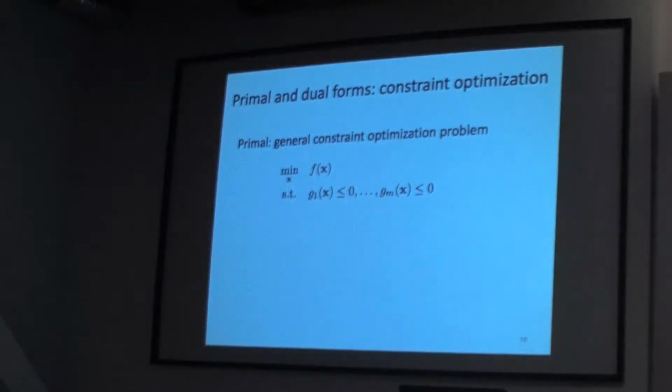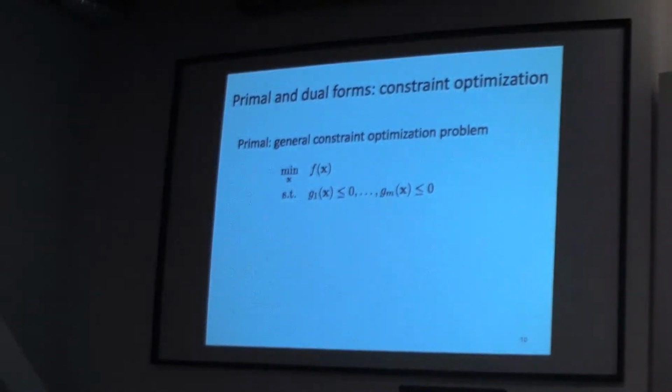These g functions can be any function, even very nonlinear and complex. These inequalities restrict the search space of x from which you minimize the objective function f. We call these g functions constraint functions.